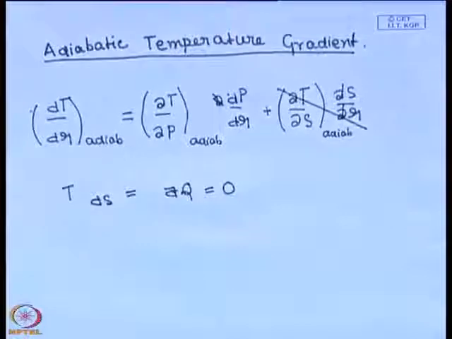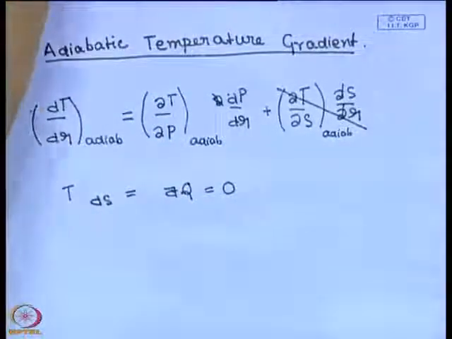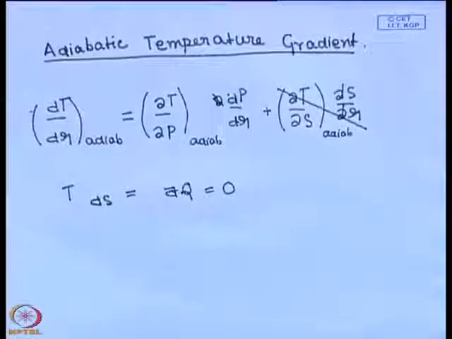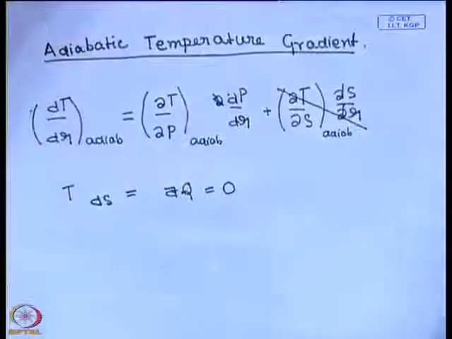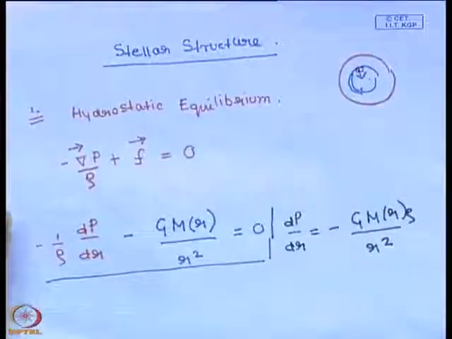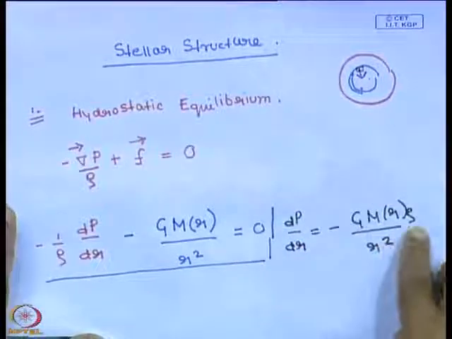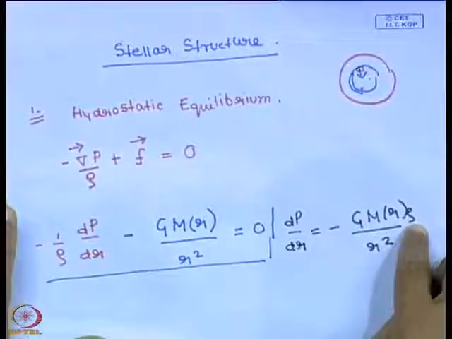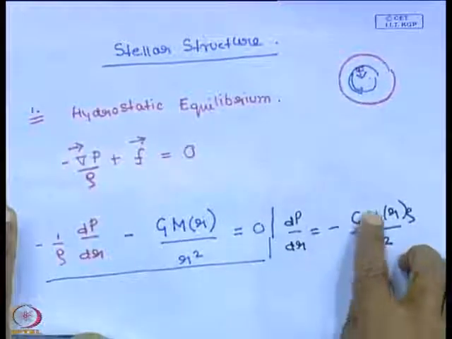And for the pressure gradient, we already have an equation. So let me show you that equation. That was the hydrostatic equilibrium. So this is the pressure gradient, dP/dr is the gravitational acceleration of the matter inside into the density.